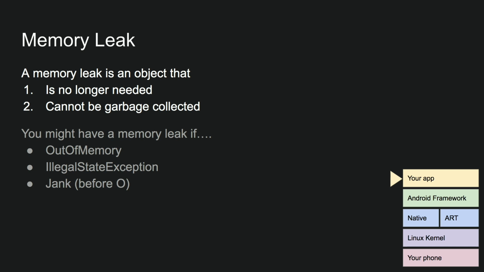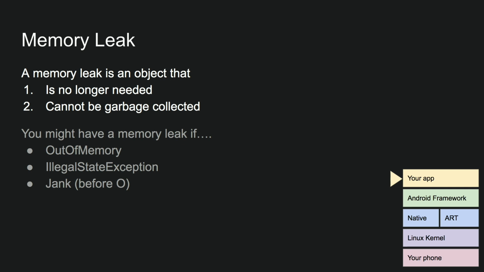And then you also might see visual aberrations in your app that are related to garbage collections. Before Android O, in every iteration of Android garbage collection algorithms, there are pauses where we need to lock all the threads and make sure that we're collecting garbage synchronously.